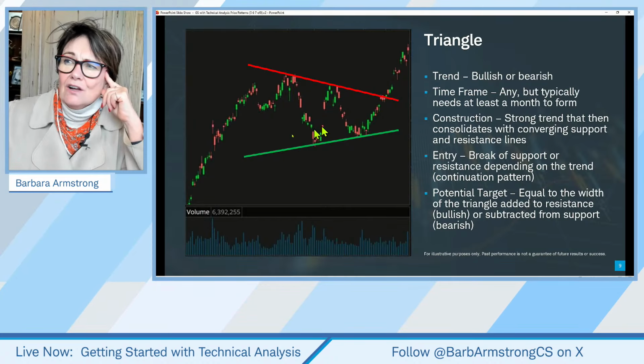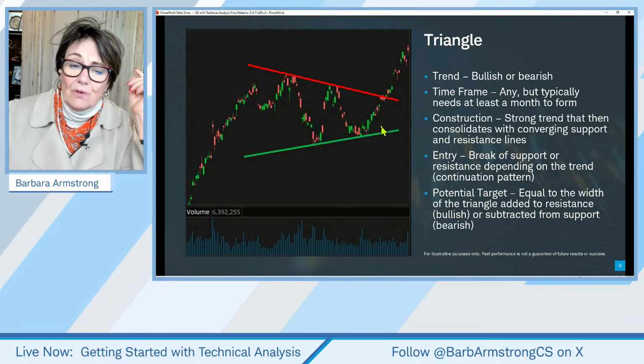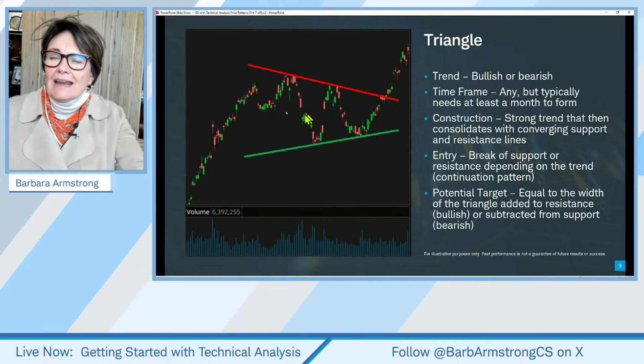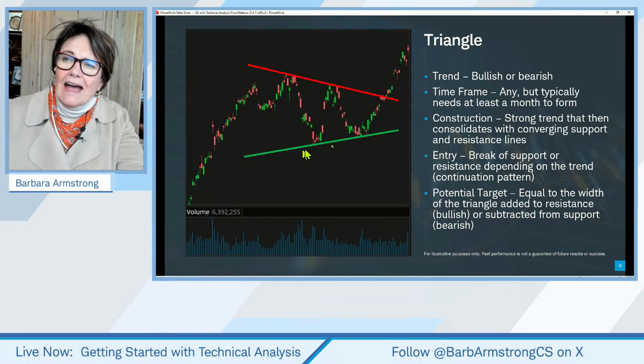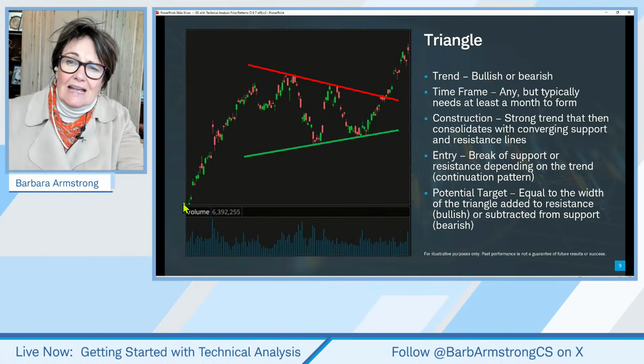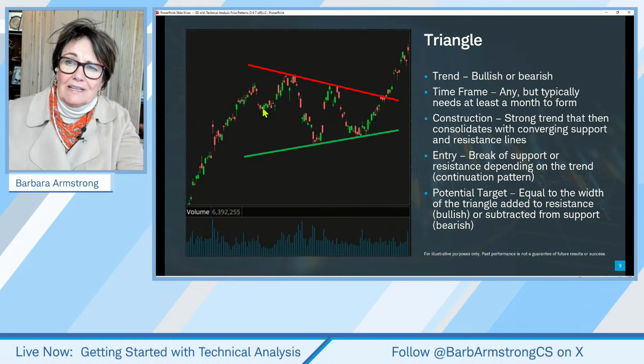So a triangle pattern occurs, and it can be bullish or bearish. And it can also occur in any time frame where we have a change in trend. In this example, we're seeing a stock that had been uptrending, and we have a new high, and it comes down, and we see this isn't a higher low, it's a lower low.